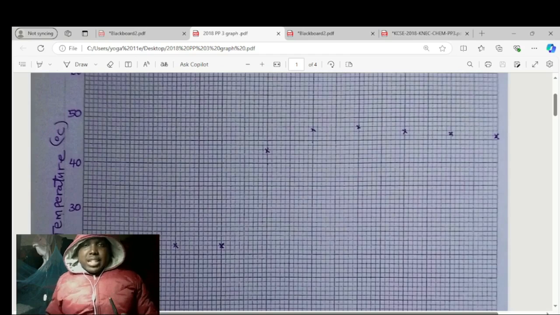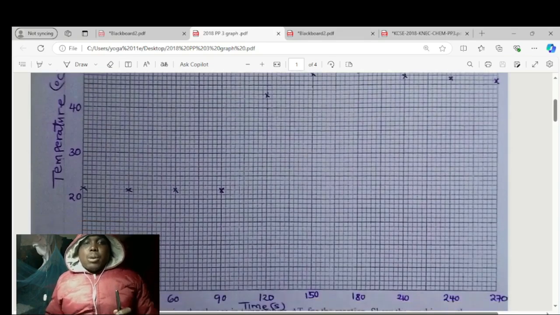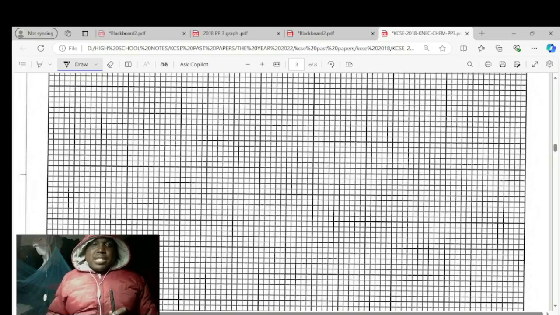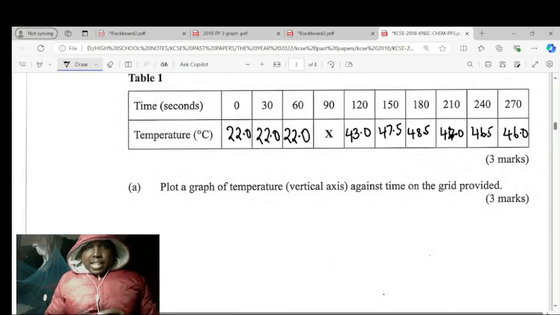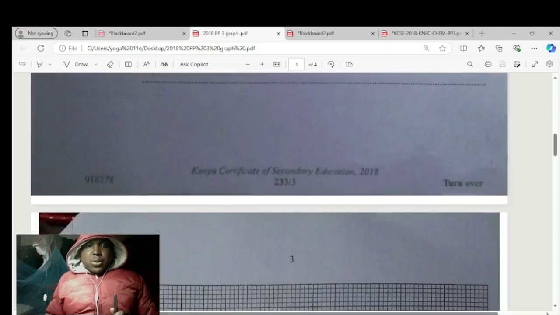line. When it reaches the last point here, you extrapolate the line to our reference point, which is 90. This X here remains our reference point. The X we put in the table. Then you draw.